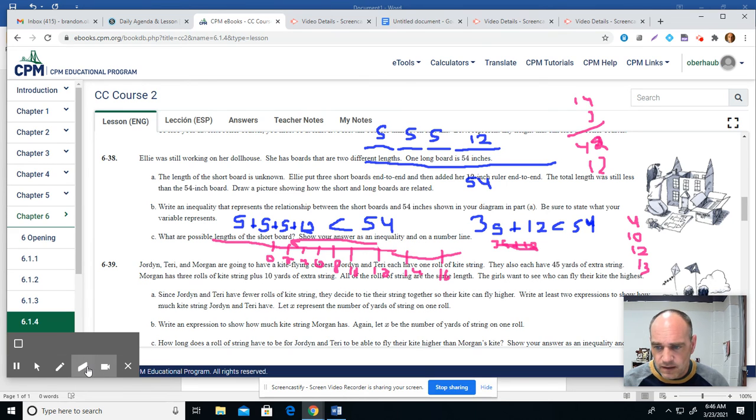So sorry about that. I'm going to put an open circle, and the reason is that if it's 14, it's going to be exactly 54. Remember, it said it had to be a little bit less. So I'm going to do an open circle at 14 and then shade left. Sorry about that, that was kind of bugging me. Hopefully that helps you with question 30.